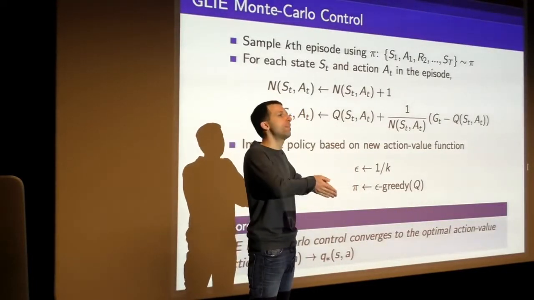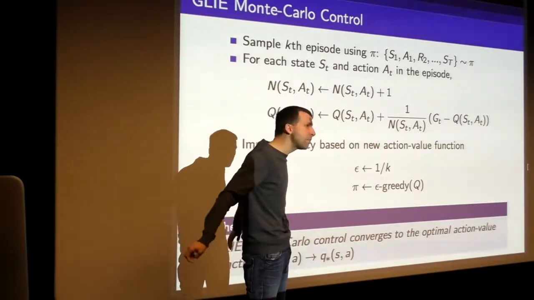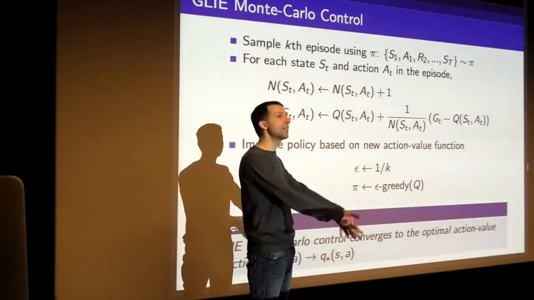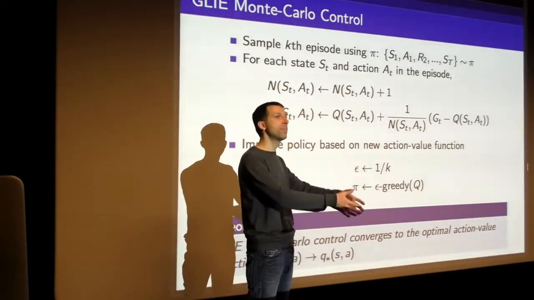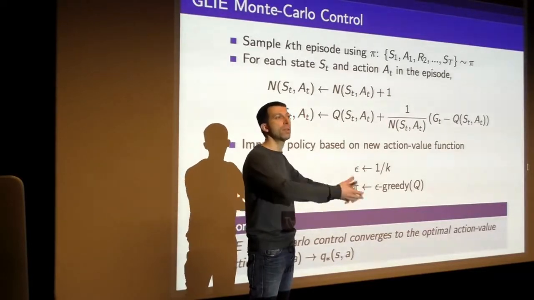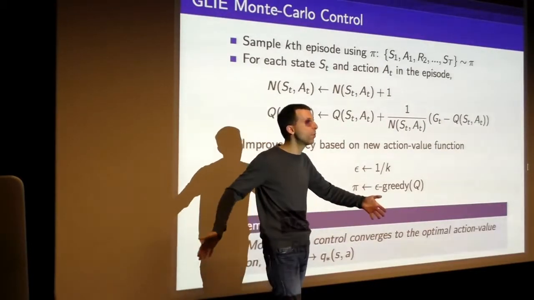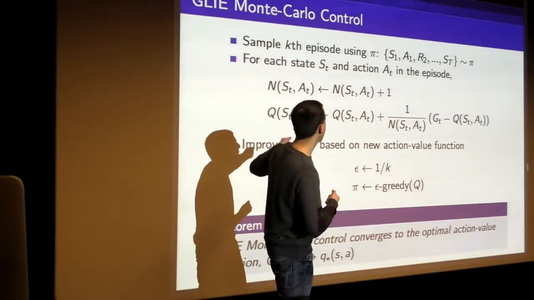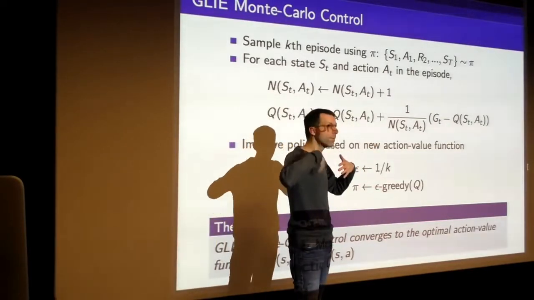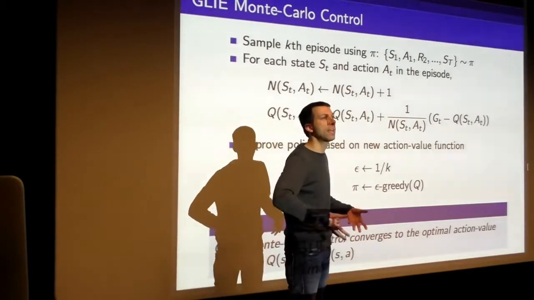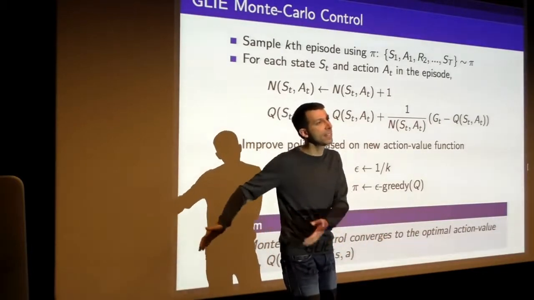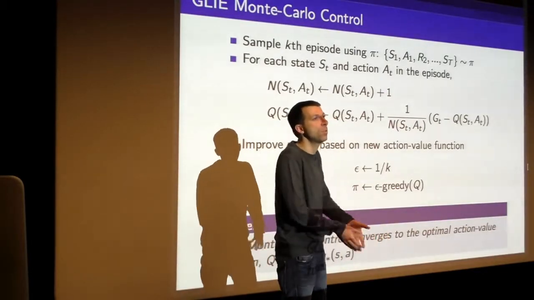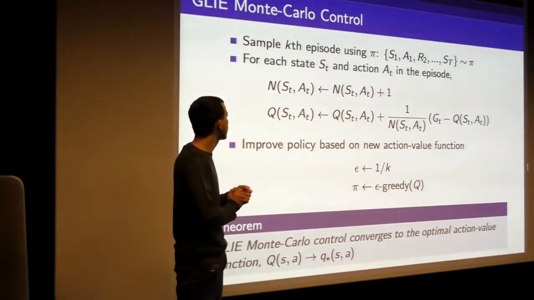And the GLIE property basically ensures that over time these statistics really converge on the mean return, that these policies get more and more like the greedy policy. And so we find out more and more information about the policy that we really care about, and the past gets dominated eventually by these new policies.